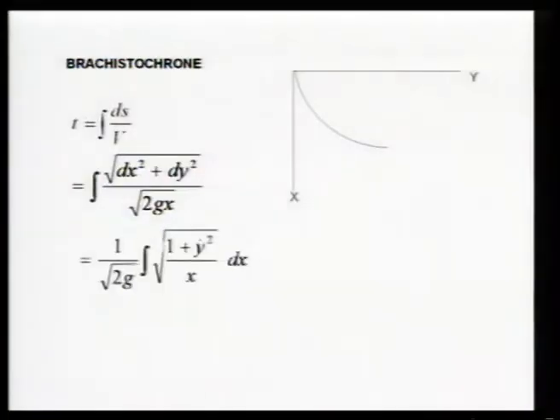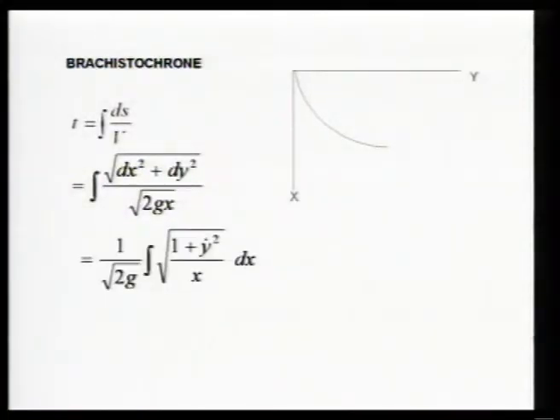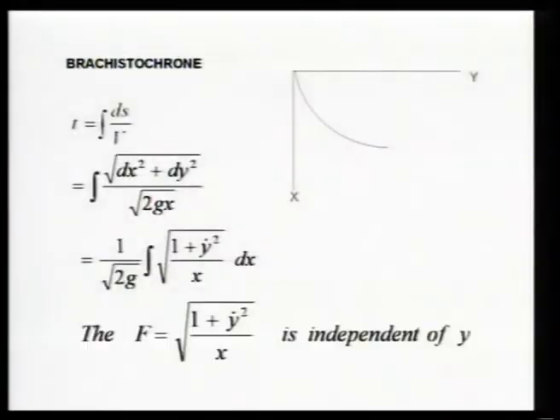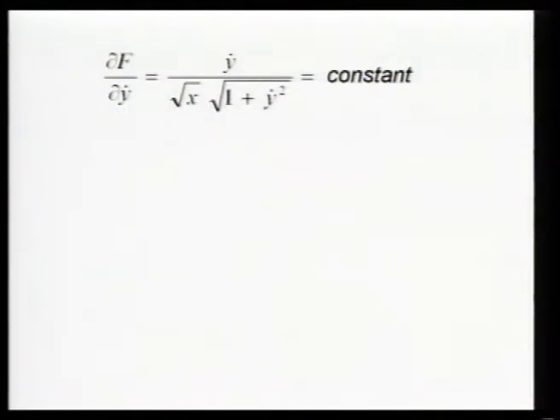T would be equal to 1 over under root 2g integral of under root 1 plus y dot square over x dx. Now see that in this integral, the function f is now independent of y. And therefore, delta f by delta y dot would be a constant.